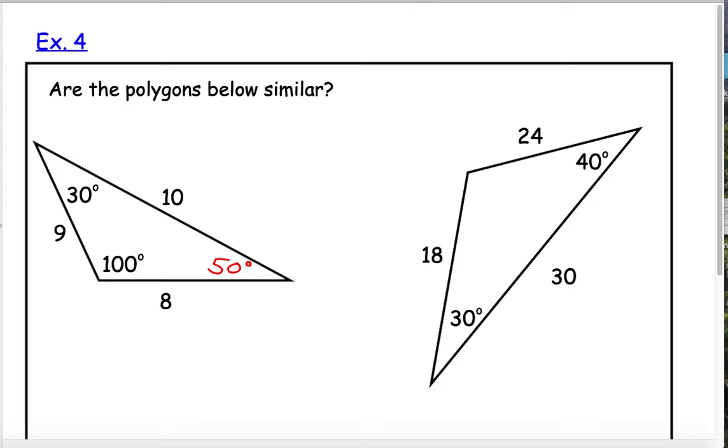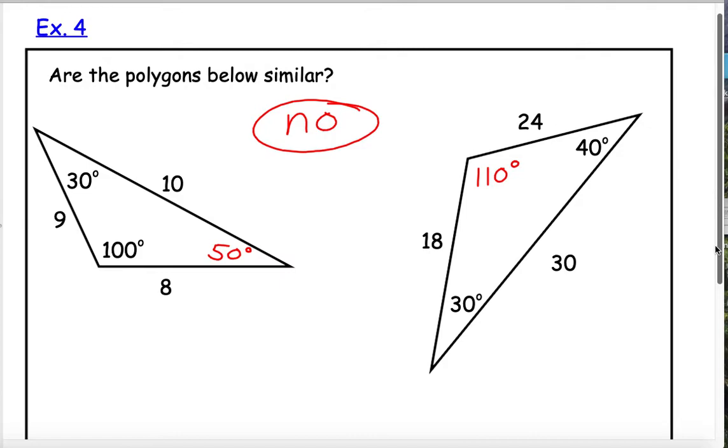In my other triangle, 30 plus 40 is 70, 180 minus 70 is 110. The angles don't even match up here, so I don't even have to check the sides. The answer is no. So the first thing is check the angles. If the angles match, then you can go ahead and do the ratio of the sides. But don't waste your time doing the ratio of the sides if the angles don't match.